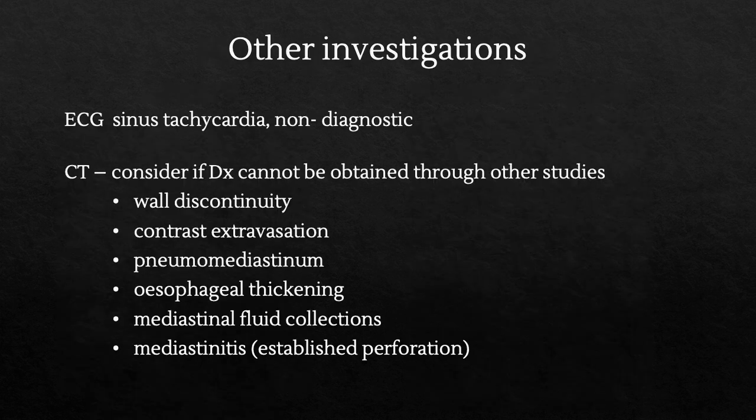Other special investigations that you would do, ECG is not usually diagnostic. CT you only use when you cannot diagnose the esophageal rupture by any other means. What you will see on CT is basically what you see on the contrast esophagogram with x-rays.